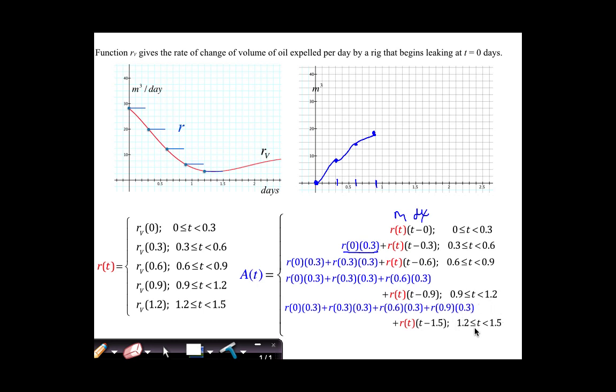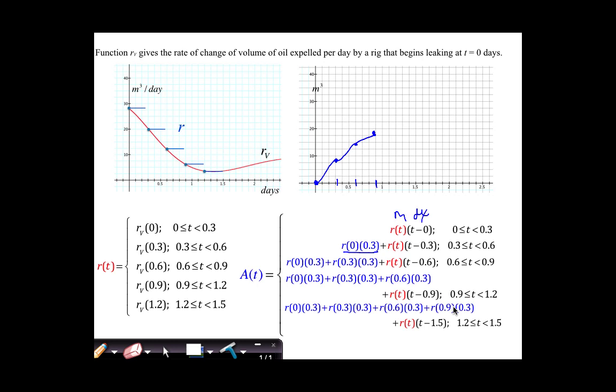So if we're between 1.2 and 1.5, in this section down here someplace trying to estimate accumulation, I know I've already got 4 full 0.3 days intervals worth of accumulation that I'm already done with, nothing's changing, that's over. But I'm adding on at this new fifth rate, the rate that applies between time 1.2 and 1.5, R sub v of 1.2, or about, I don't know, 3. Using that for however far I am past 1.5.